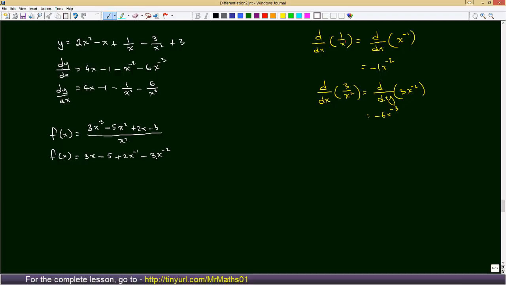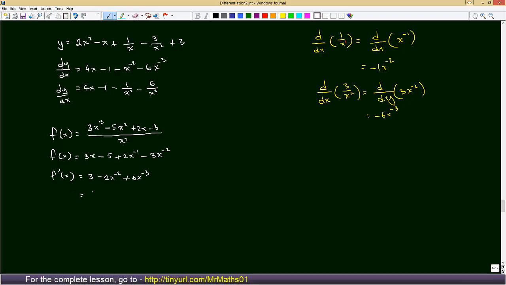We need to have a new format to write the first derivative of f(x). So the way to put it is to add a prime symbol here. So this is the derivative function. So f prime of x is equal to 3, minus 5 derived becomes 0, and minus 1 times 2 is minus 2x to the minus 2, and this is plus 6x to the minus 3.